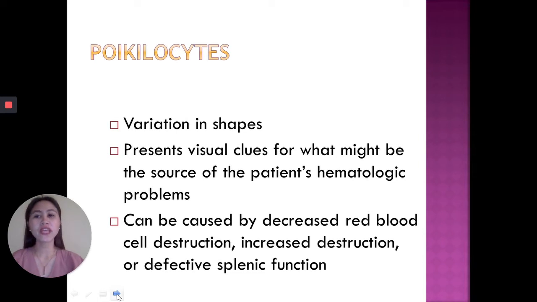So if you find poikilocytes in your peripheral smear, then it presents visual clues for what might be the source of patients' hematologic problems. And sometimes it can be caused by decreased RBC cell destruction, increased destruction, or defective splenic function.